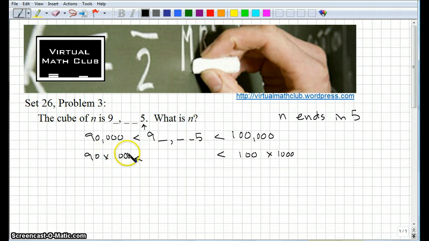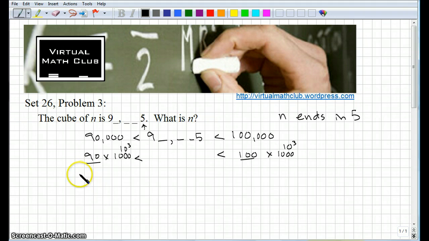The reason I write it like that is because I know that 1,000 is 10 cubed, so that's a cube. If I can estimate the cube root of 90 or the cube root of 100, then I can get in the ballpark, because taking the cube root of 1,000 is easy. Taking the cube root of 90 or 100 isn't quite so easy, but we can estimate, right?